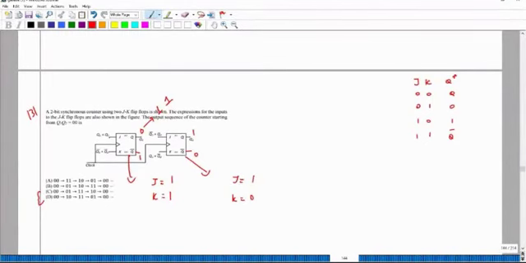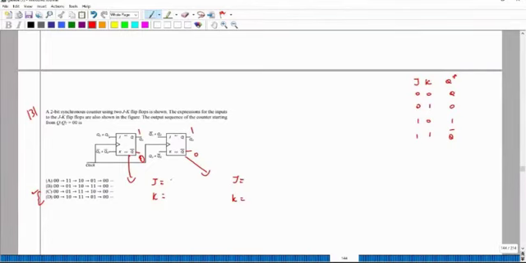Now consider this is 1, 1. So this 1, 1 means this is 0. Obviously, this is my answer, but I don't know which one. I'm also moving to the next state.